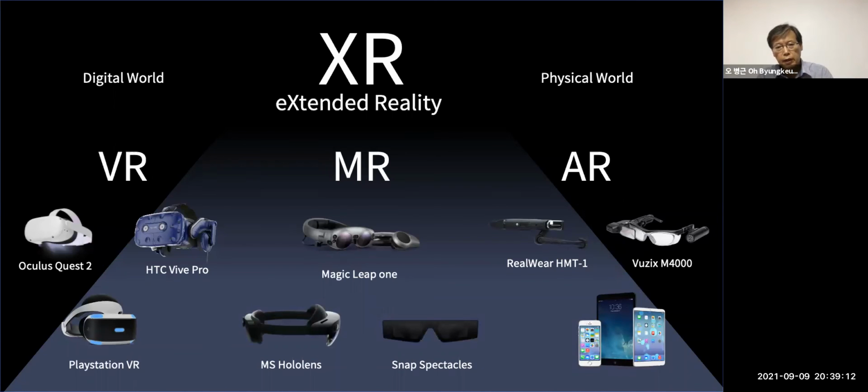VR, MR, and AR use different devices. VR uses Oculus Quest 2, PlayStation. MR uses Magic Leap 1, HoloLens, and AR uses smartphones, tablet PCs like that. So this kind of tools are combined into XR.